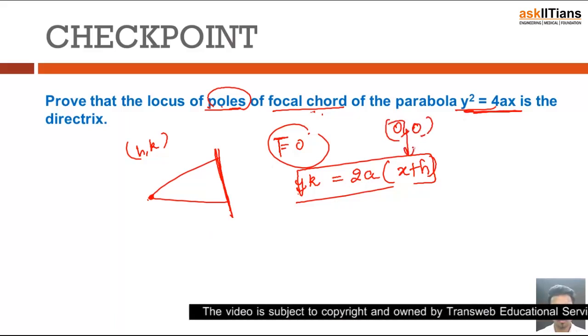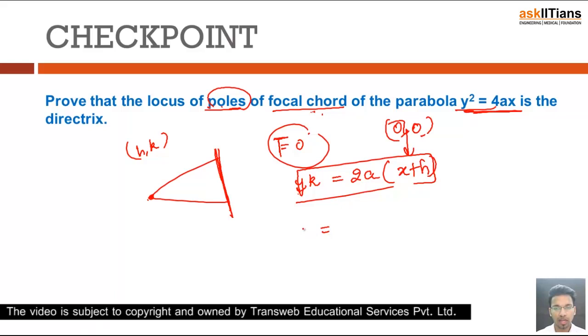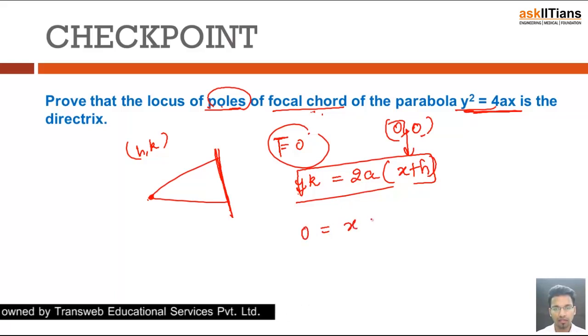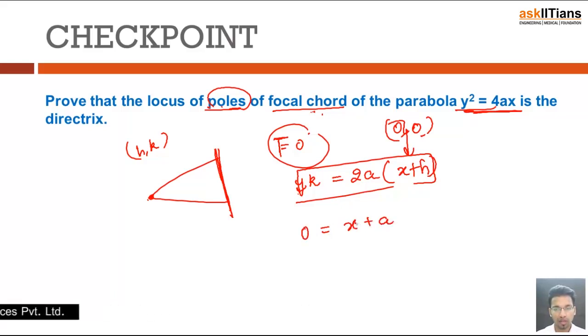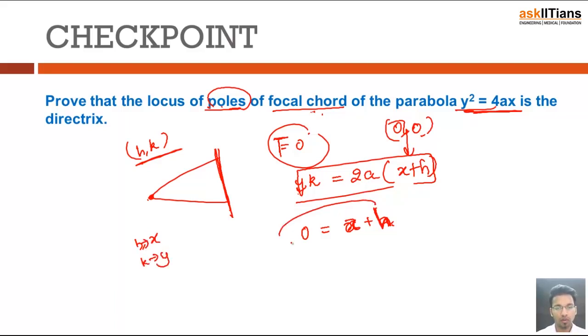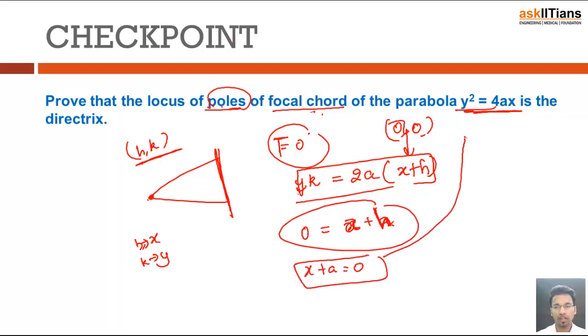So when I substitute this here, what I'll get is 0 here, and x plus a plus h basically, and since h comma k, when we replace h with x and k with y, we'll get the locus, which will be x plus a is equal to 0, which is nothing but the directrix of this parabola.